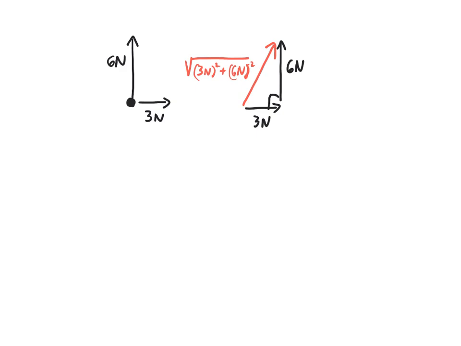That's 9 plus 36, 45, square root. So the size of the force, so the magnitude of the force vector, let me call it F, is the square root of 45 newtons.